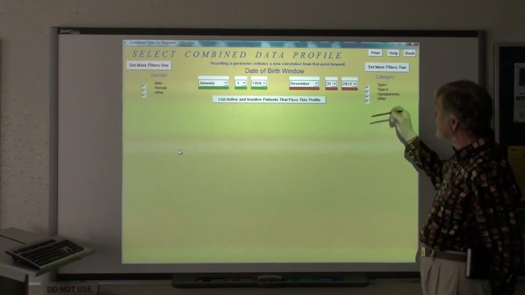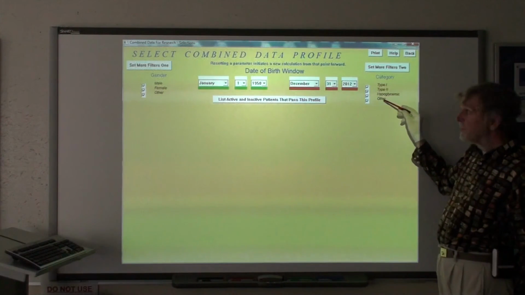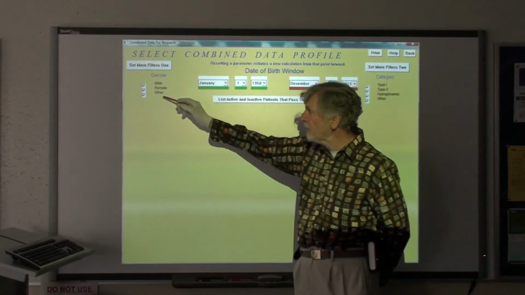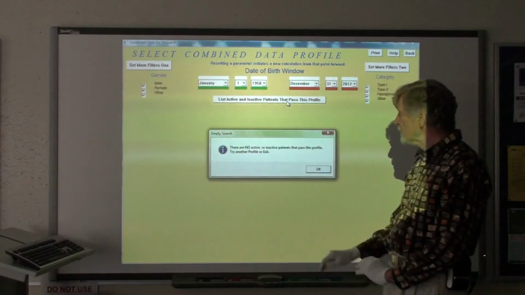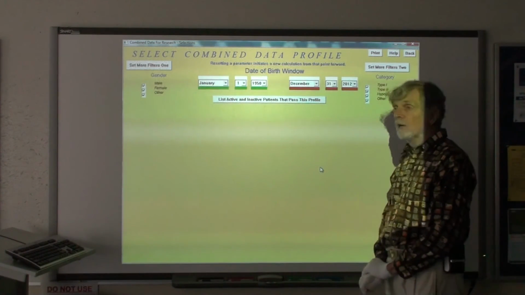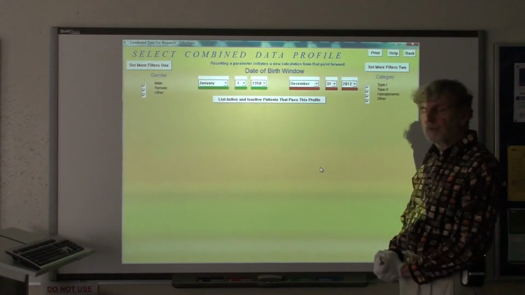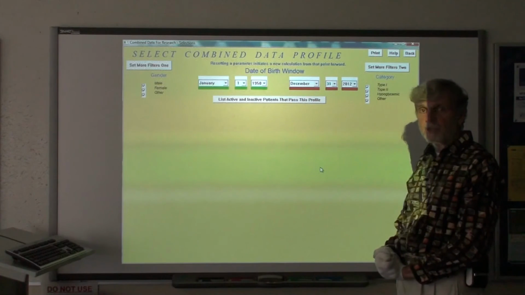Then you can indicate whether you want type 1, type 2, hypoglycemic, some other, or some combination of these. Also, males, females, others, or some combinations of those. Then Level will search for you and give you a list of all active or inactive patients that pass that profile. From that list, you select the patients that you want to include in your study.